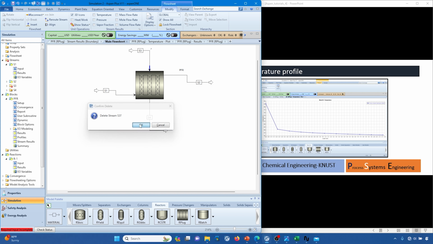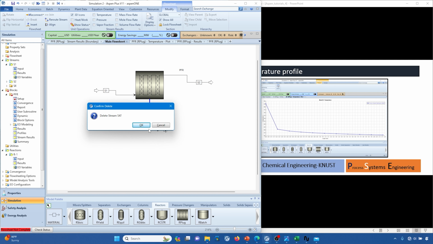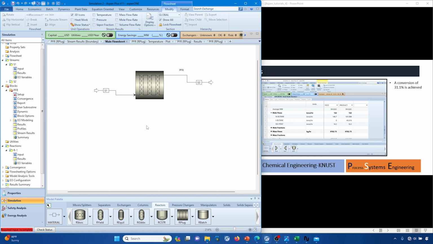So that should be it for plug flow reactors and their simulation options in Aspen Plus. Next, we would look at a packed bed reactor, and we'd see that it doesn't differ much. It's the same block.